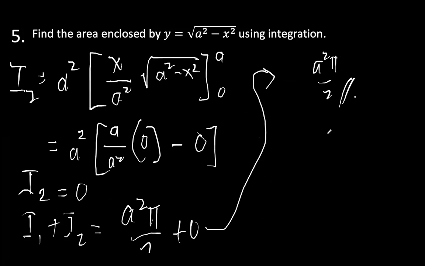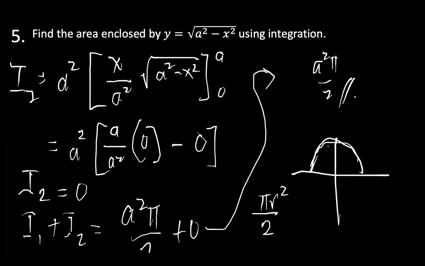And if we go back to the figure, it's a semicircle, right? Since the formula for a circle's area is pi r square, for a semicircle that's pi r square over 2. And this is our formula, since a is the radius. Therefore, we get the correct formula, which is a square pi over 2, because it's the same as this.